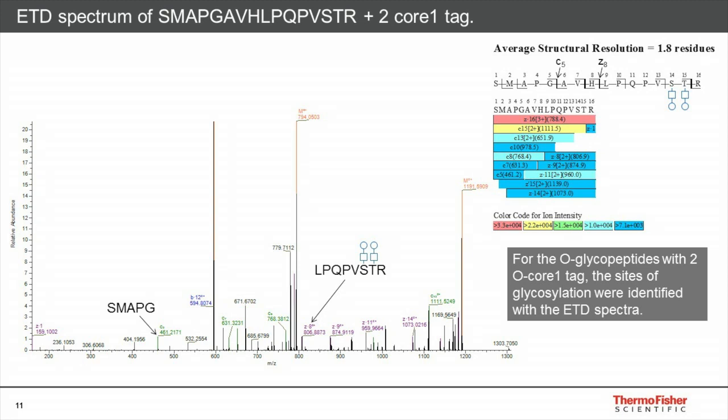So I look at the C5. The C5 is the mass of SMAPG. That means that serine is not occupied. Right away, I can tell you. And then if you look at the Z8, it is actually the mass of that fragment ion with 2 core 1 tag on it. So you know those two are occupied in the core 1 tag.